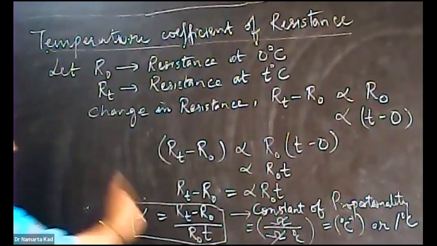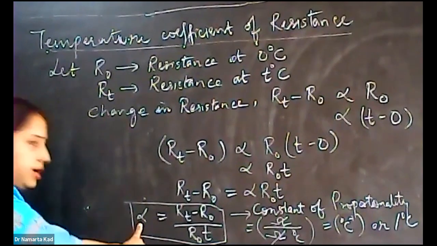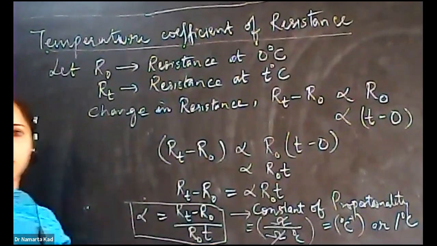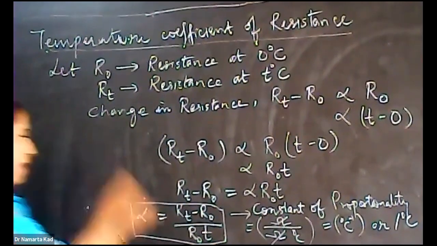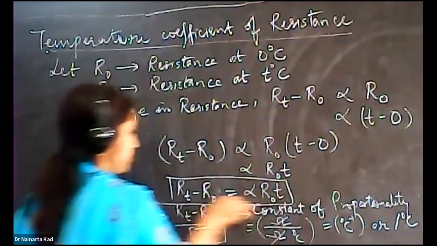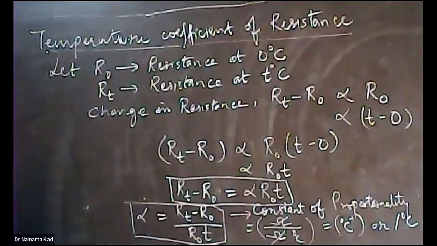Okay, so it is symbolized by the letter alpha, and the formula is RT minus R naught divided by R naught into T. So you have to remember this formula, one formula this and one is this. Okay, these are the two formulas which you have to remember.